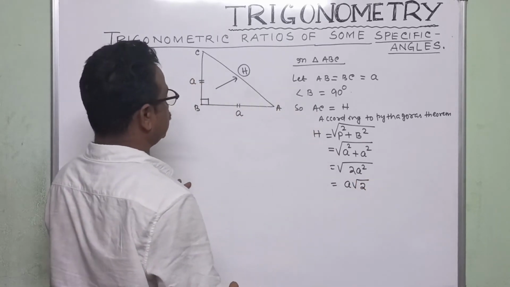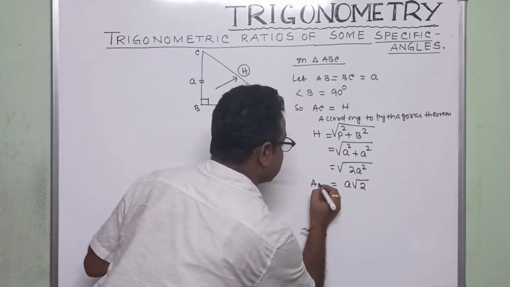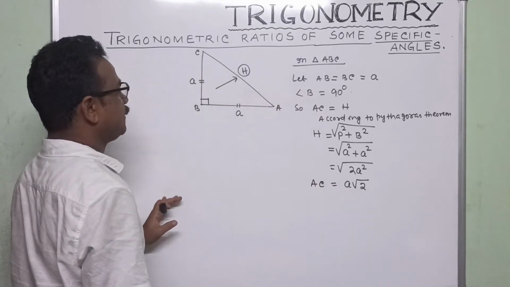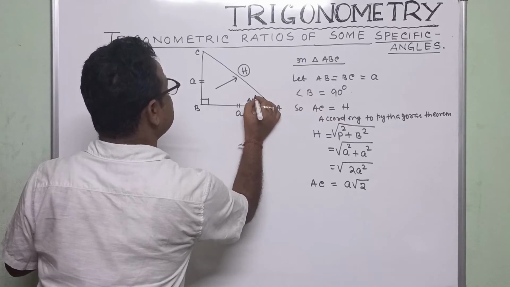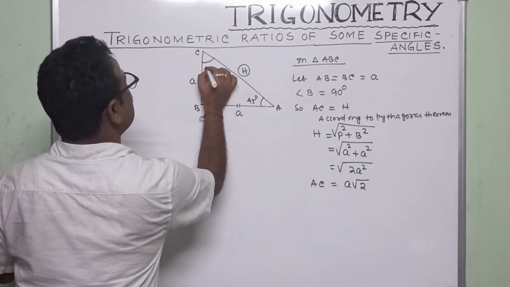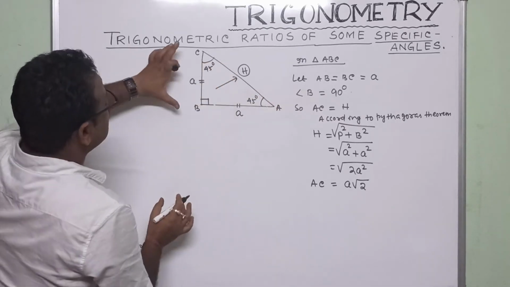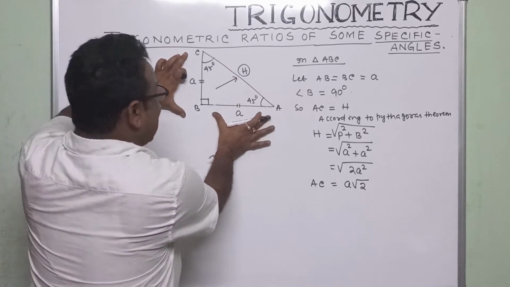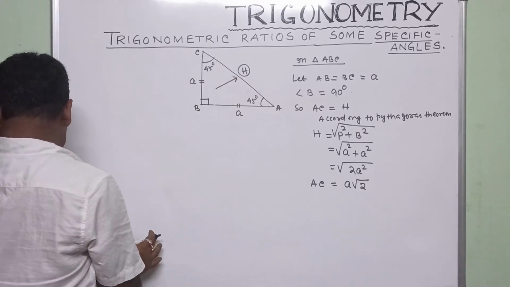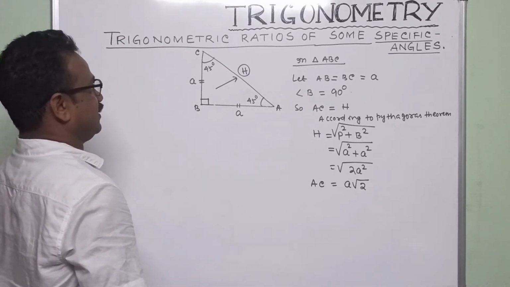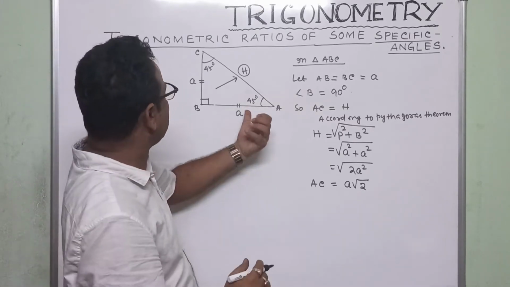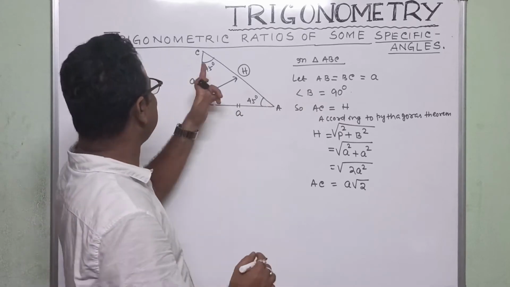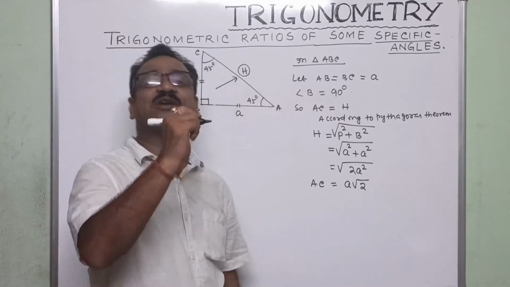That is AC. Now this is 45 degree, because BC is equal to AB, so this is an isosceles right angle triangle. Here angle A is 45 degree and angle C is also 45 degree.